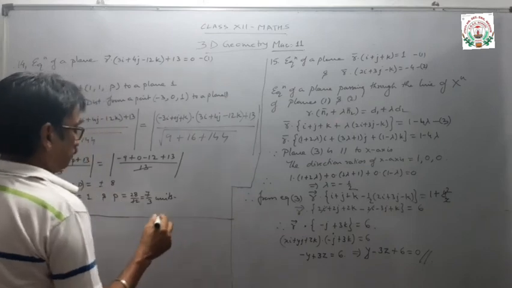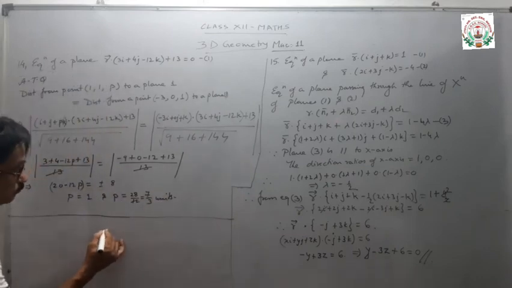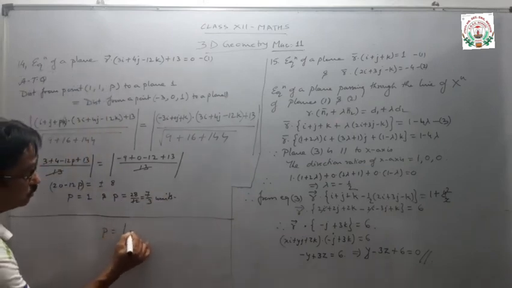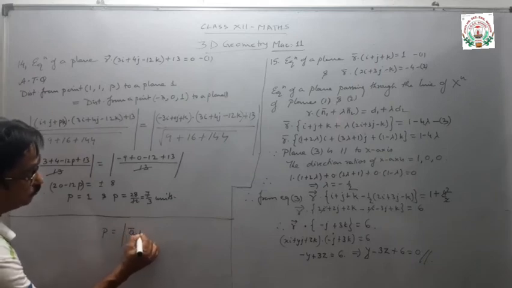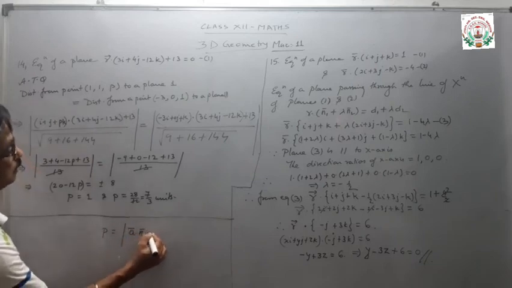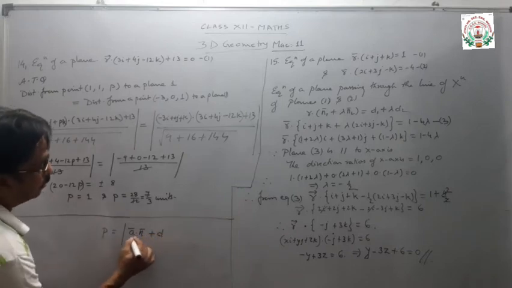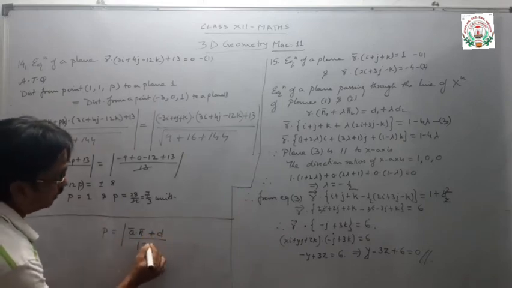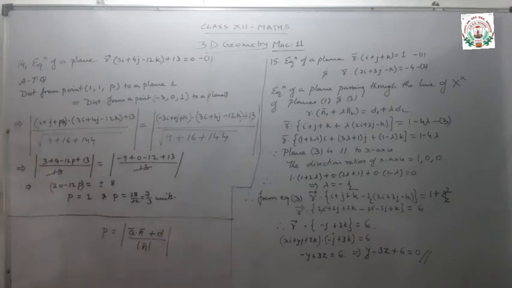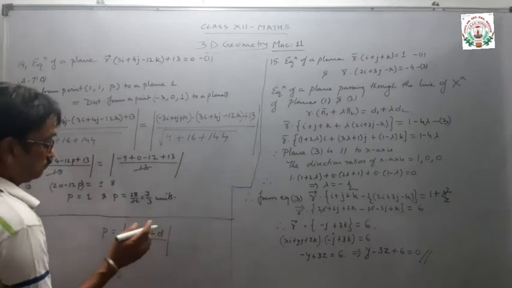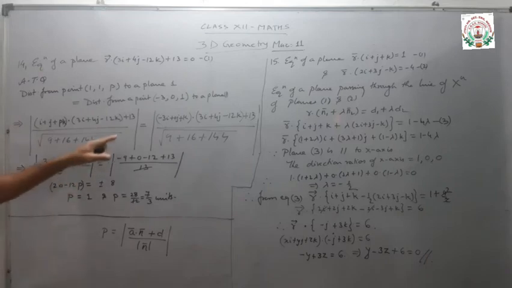The distance formula here is p equals (a dot n + d) upon the modulus of the n vector. This is our formula, plus d. Whatever the point is, we have to take it.